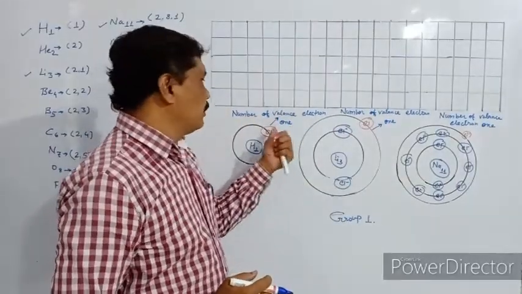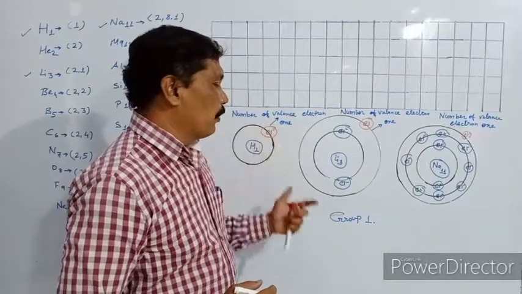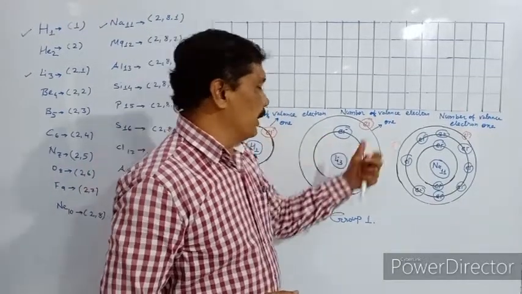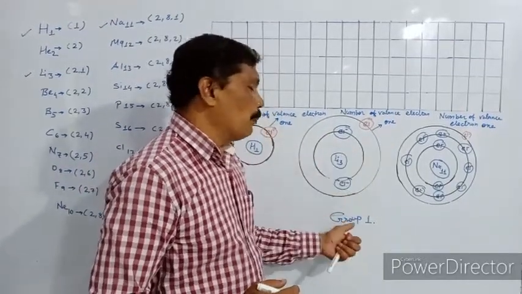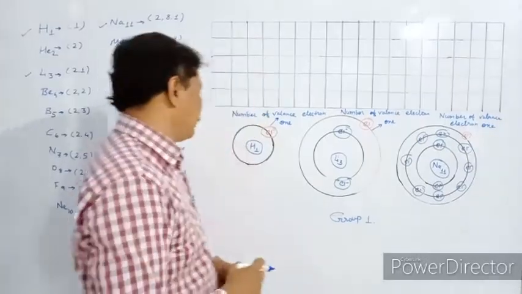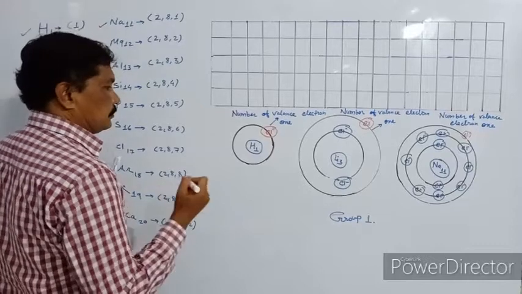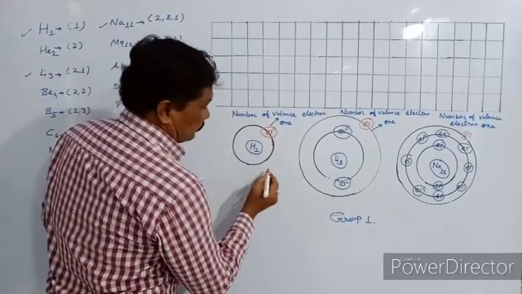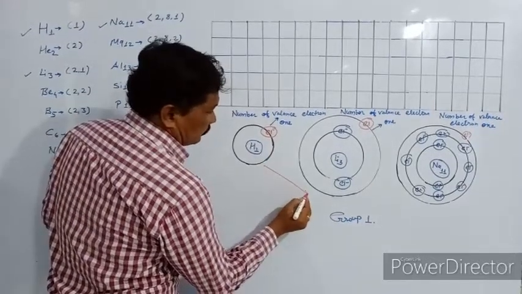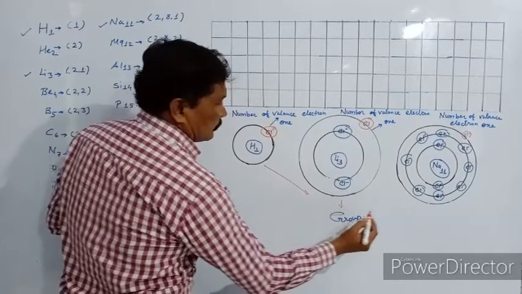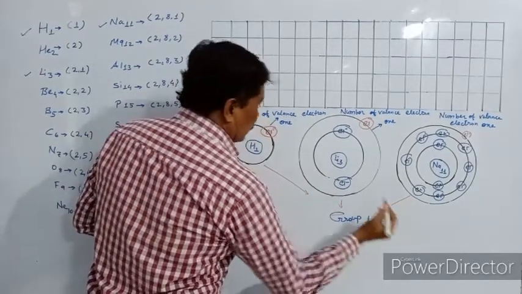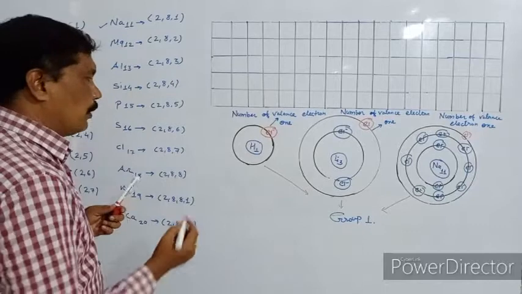So the number of valence electrons is 1, and therefore all the three elements belong to group 1.